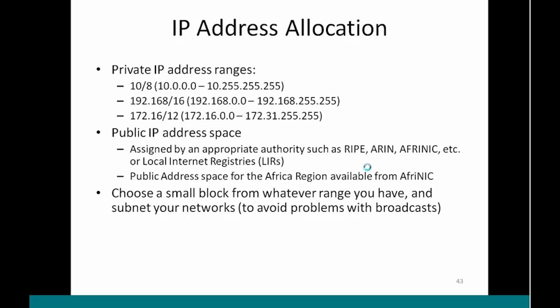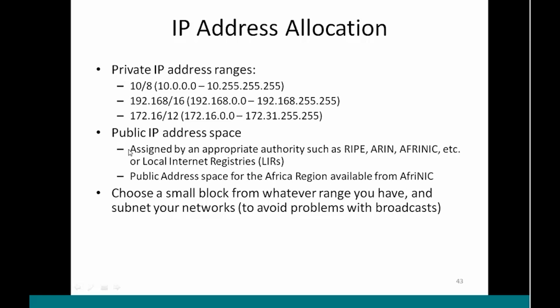So it's listed here: 192.168.0.0 all the way through, and then this 172.16 again goes to 172.31.255. These IP address ranges, essentially, you can look at your machines inside the network, and they will all have IP addresses starting with 192 or 172.